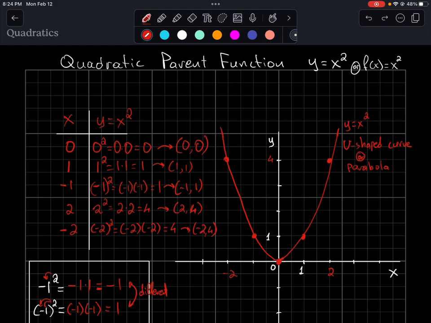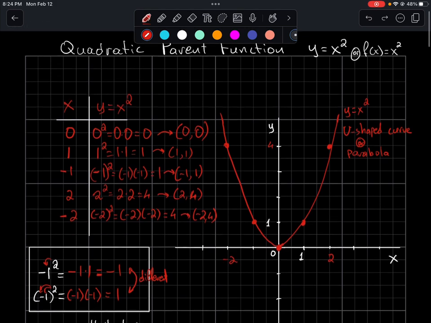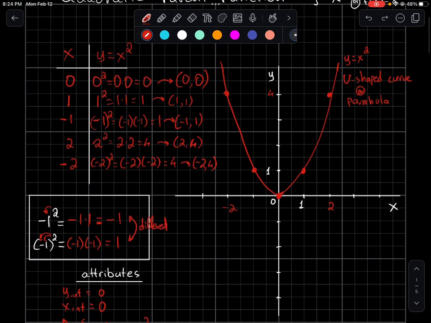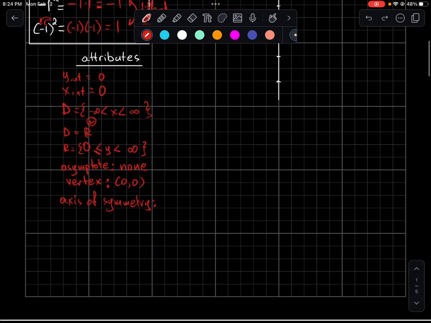That tells me that there is some symmetry about the y-axis, and therefore the y-axis is going to be called the axis of symmetry. So the axis of symmetry is a line, and in particular it's the y-axis.